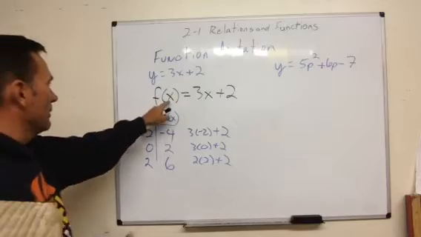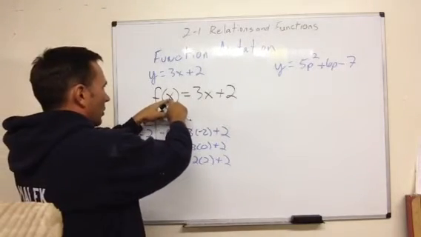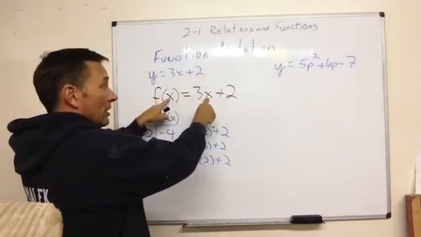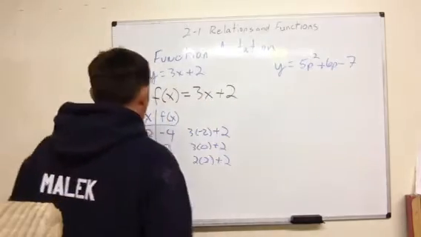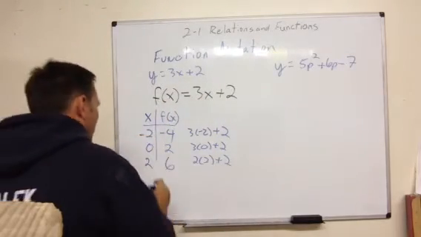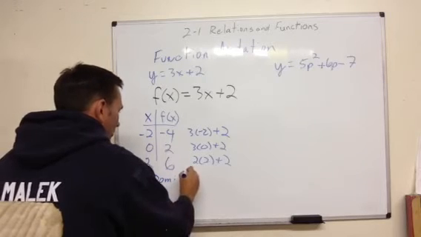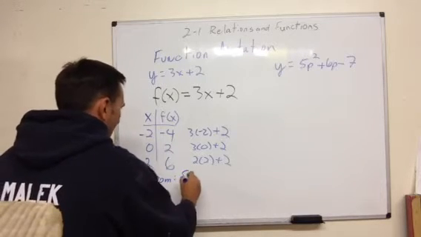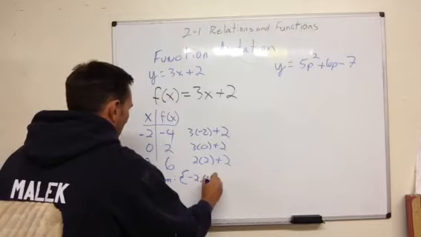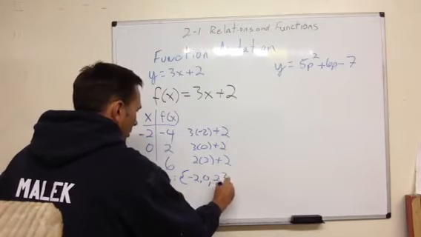So, our input value, whatever goes in here has to go in here as well. Our domain, we can list it out like this: -2, 0, and +2.